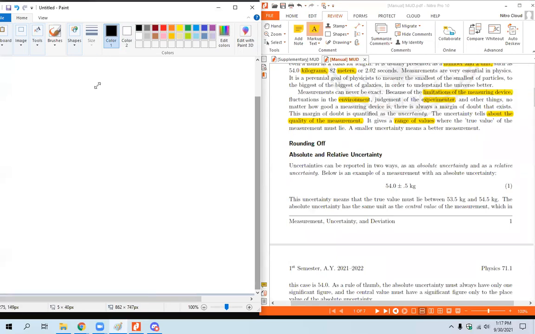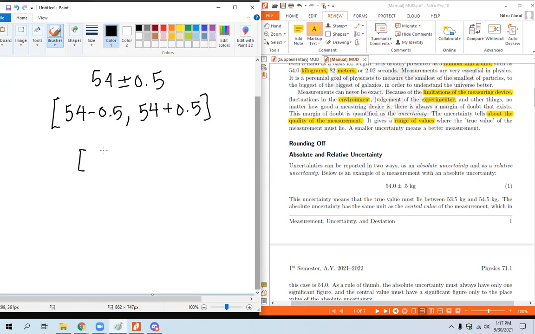If I were to read that, 54 plus minus 0.5, let's skip the units for now. Pwede ko siyang i-rewrite into a mathematical interval. So 54 minus 0.5 to 54 plus 0.5, or 53.5 to 54.5.